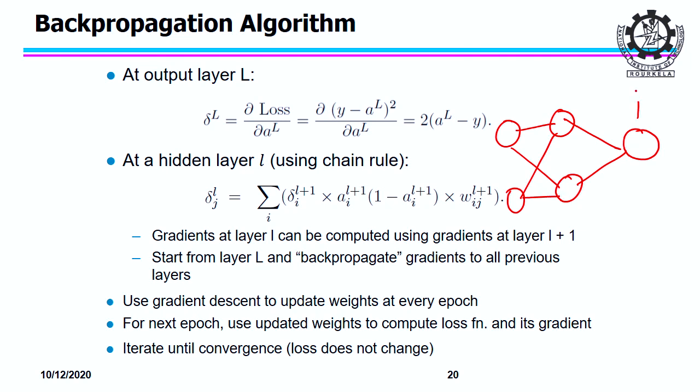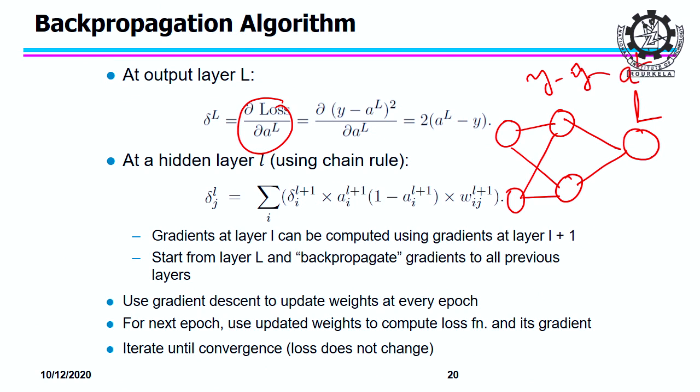Now this is the last node L. First we compute the loss with respect to the last node, because there is only one node there. Just a few minutes before we studied y minus y cap. Y cap is what?